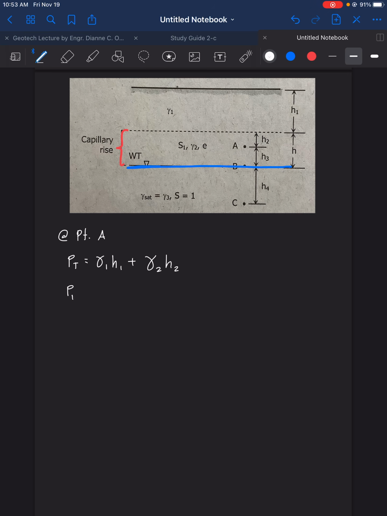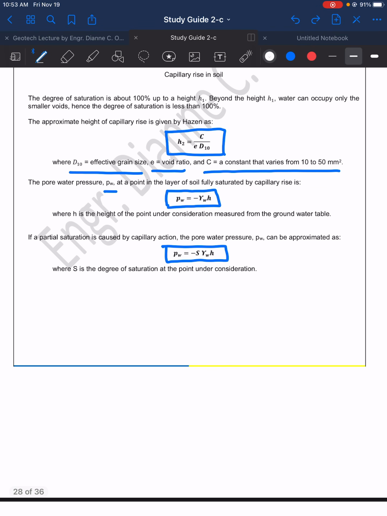Let's go to the PW. This portion will differ from the previous calculations that we had. If you recall, pore water pressure is present if the point is submerged in the water. But this time, point A is located in a capillary rise, the capillary zone. So how do we treat this? It says in the study guide that PW is negative gamma W h.